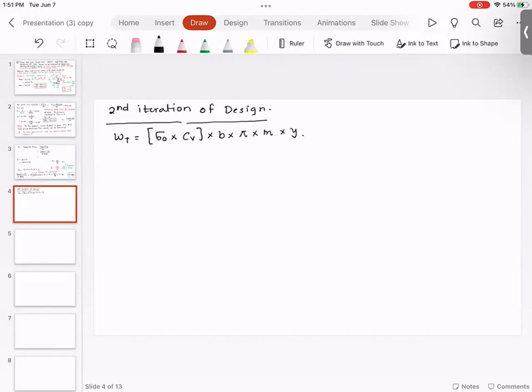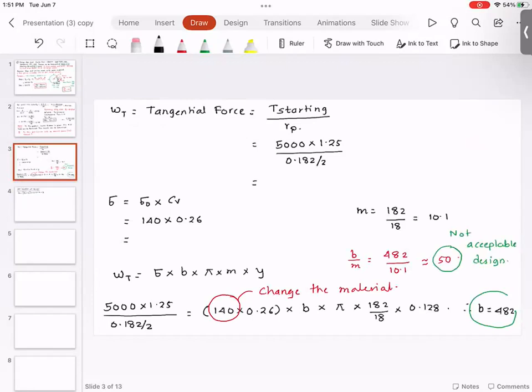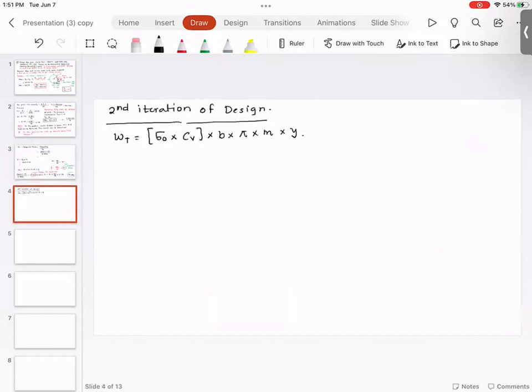So what I'm going to do is substitute all these values that I have. I'm going to assume B by M ratio is equal to, say, 12.